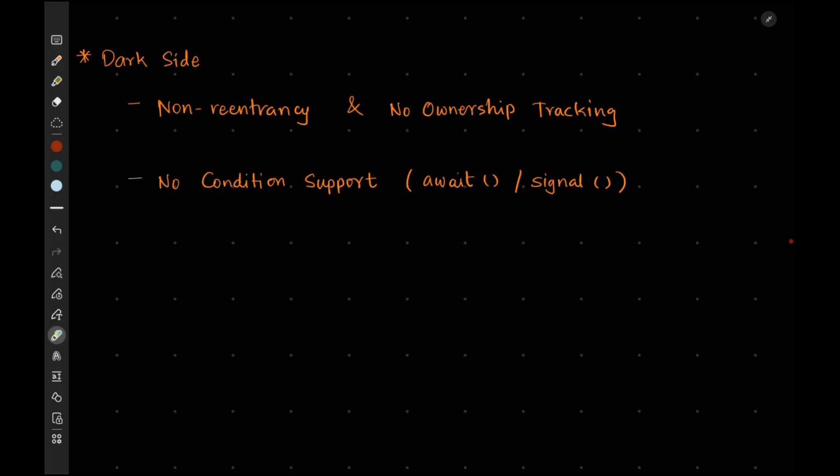No error, just frozen. And as I said earlier, there is no condition support. So if you need to wait for a condition like buffer not empty, you cannot use StampedLock alone. You would have to build something custom with the LockSupport API, which is error prone. That's where explicit Condition comes in.